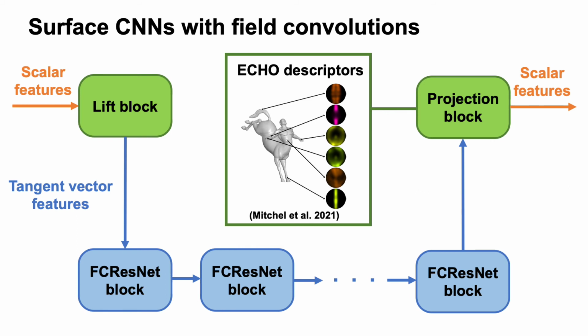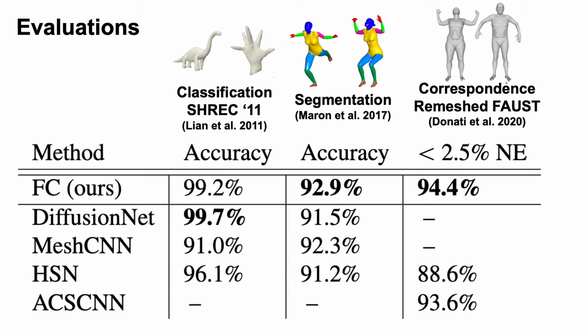We call this simple, generalizable architecture an FCNet. Despite its elementary construction, we use it to achieve state-of-the-art results in a variety of fundamental geometry processing and shape analysis tasks. To evaluate our method, we compared it against leading surface CNNs on several standard benchmarks corresponding to fundamental geometry processing tasks: shape classification, segmentation, and dense correspondence.